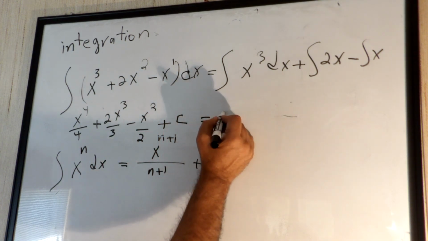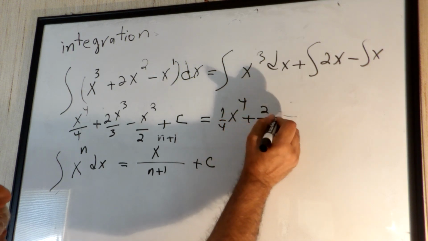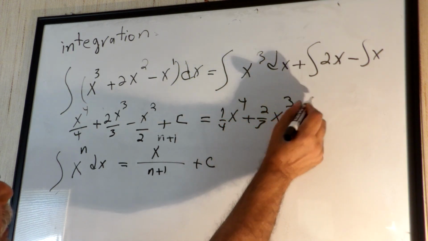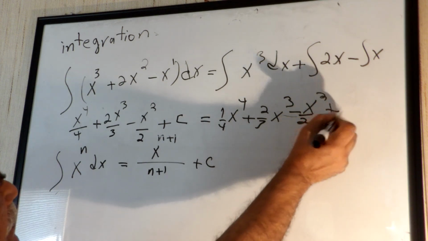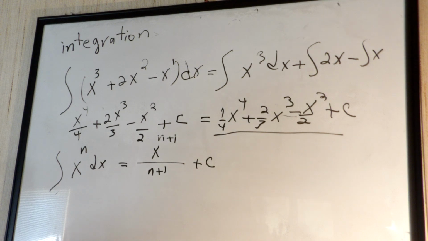So it's going to be 1 fourth x to the 4 plus 2/3 x cubed minus x squared over 2 plus c. That's going to be the answer.